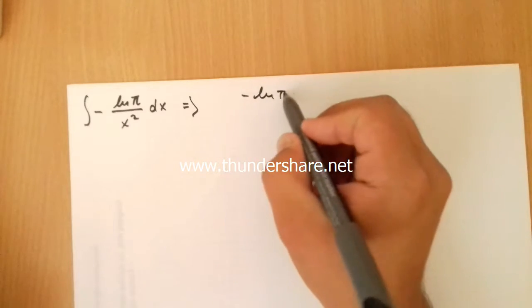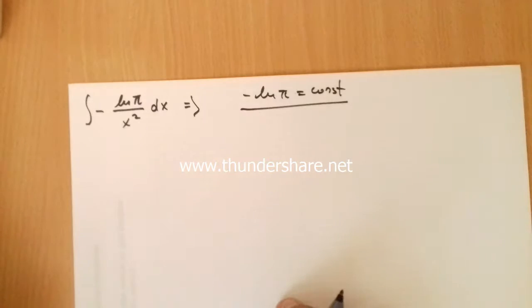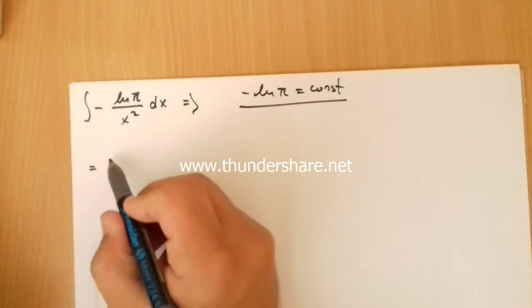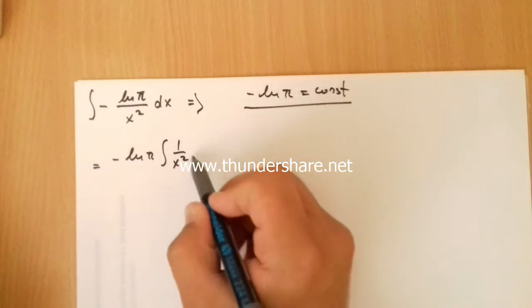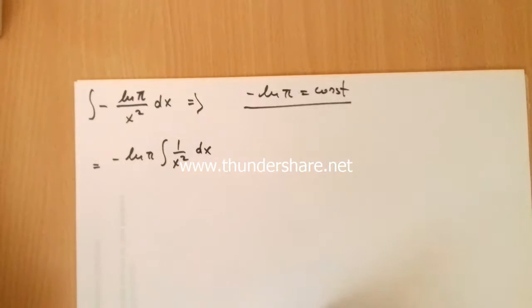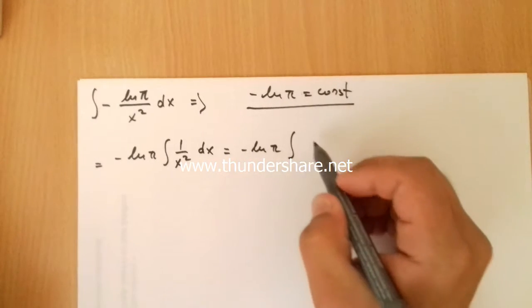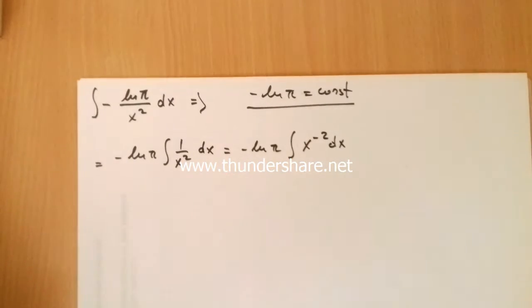Minus ln of pi is a constant here, so this part goes out. This is equal to minus ln of pi times the integral of 1 over x squared dx, and now minus ln of pi times the integral of x to the minus 2 dx.